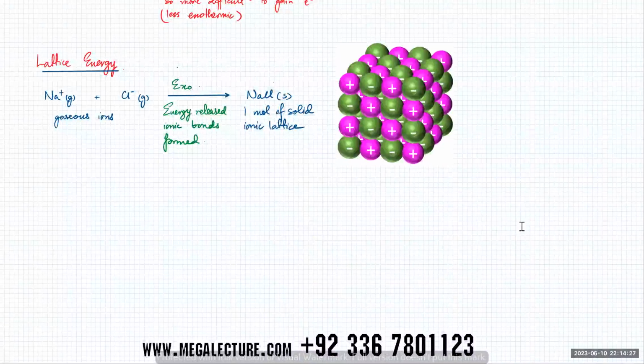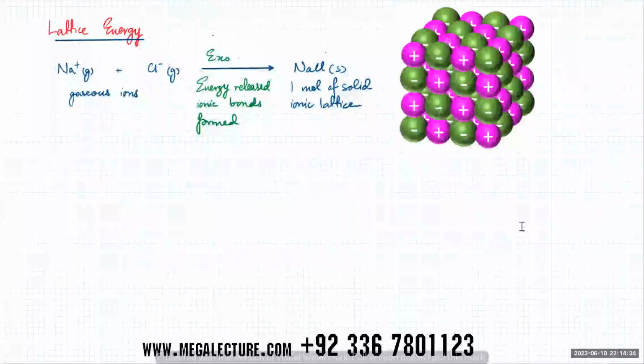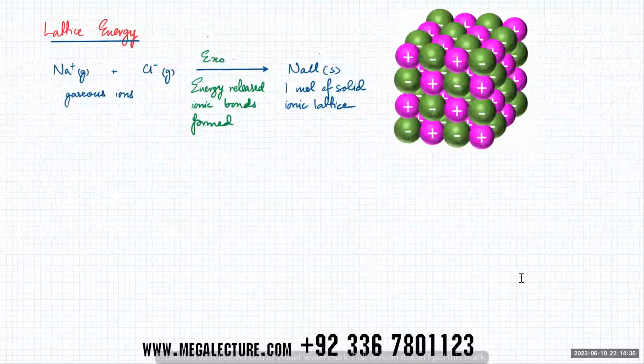There are gaseous ions flying around and they form an ionic bond. They get attracted to each other, and that's your ionic lattice. So, the definition for this, is this part clear?